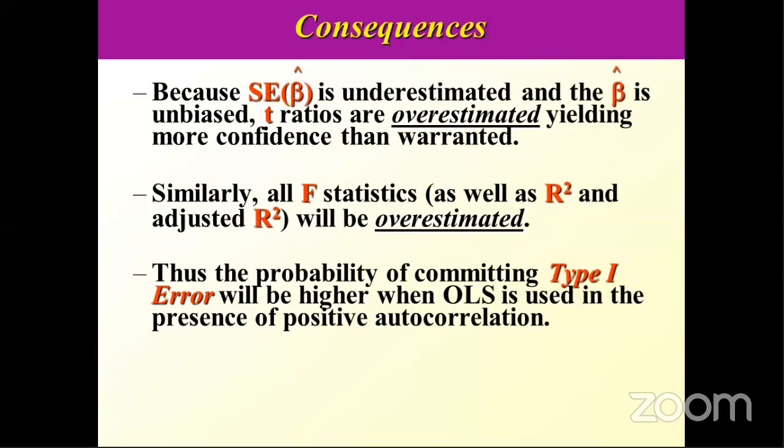So because the standard error of the beta hat is underestimated, the beta is unbiased and the T ratios are overestimated, yielding more confidence than warranted. That provides you a larger confidence, because I hope you know the concept of confidence interval. So your confidence interval becomes larger because of a larger value of your standard error, which is underestimated.